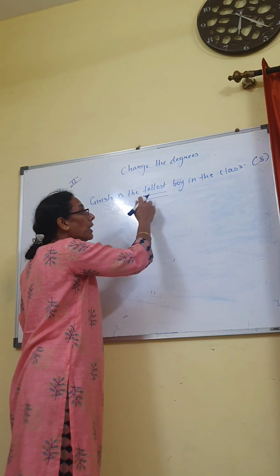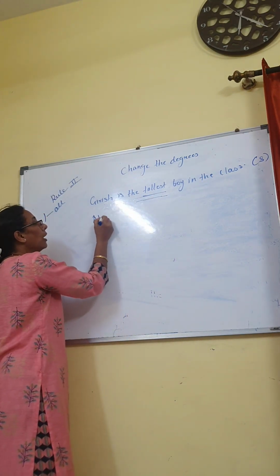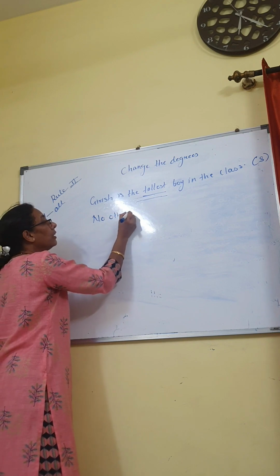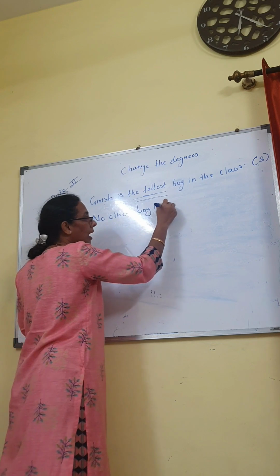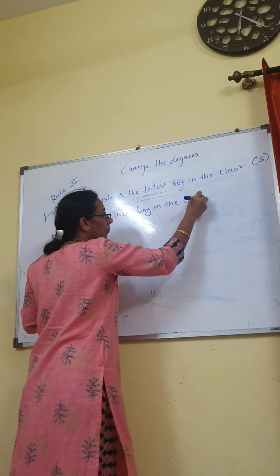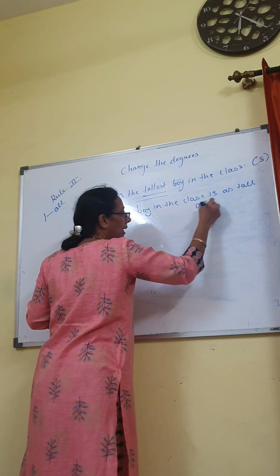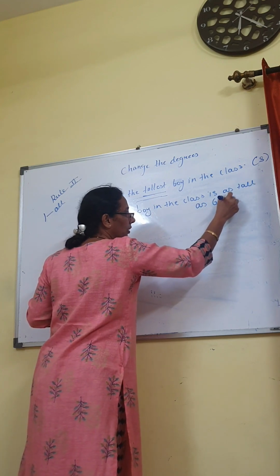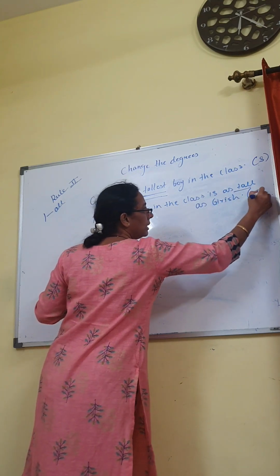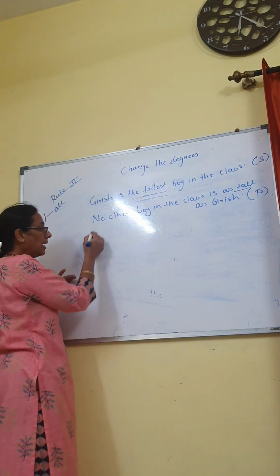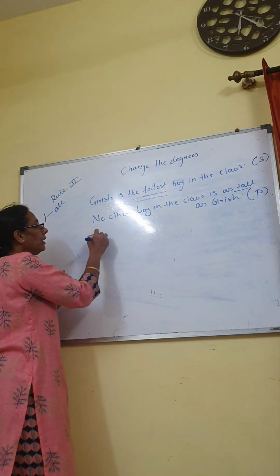So whenever there is the tallest, we have to begin with no other. No other boy in the class is as tall as Girish. This is which degree? As tall as means positive. And how will we go for comparative? Begin with Girish only.